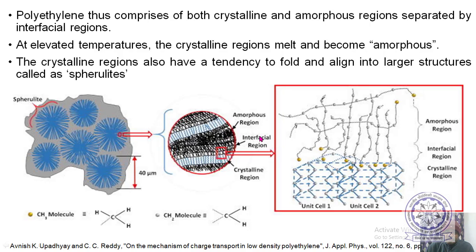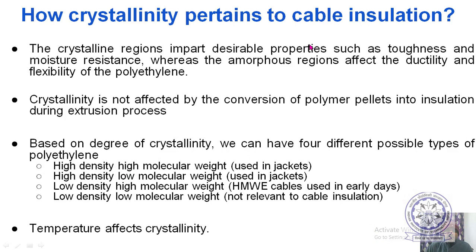So you can see this is again zoomed out in this portion. This is a crystalline structure, this is amorphous structure, and in between there is an interfacial region. Actually, it is shown in our paper that this intermediate interfacial region has very crucial effect on the conduction processes, electrical conduction of polyethylene materials.